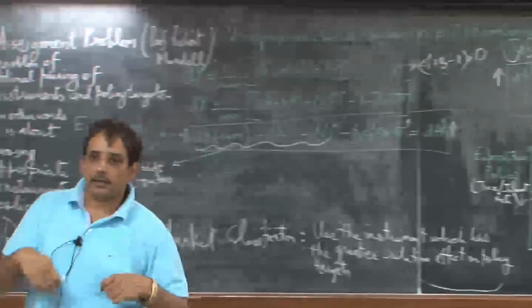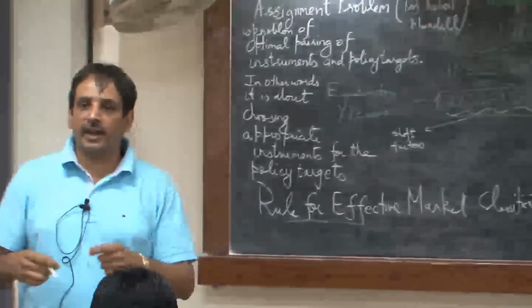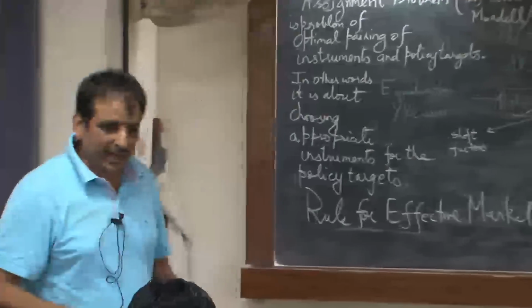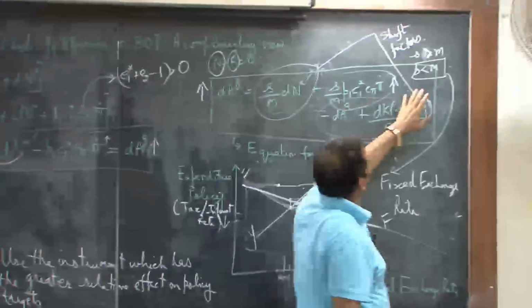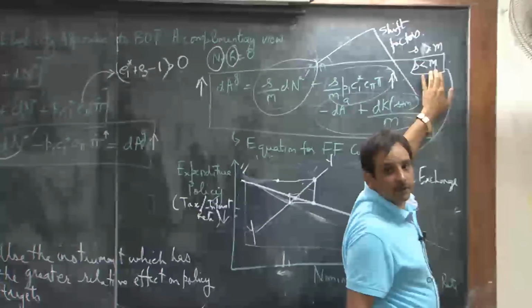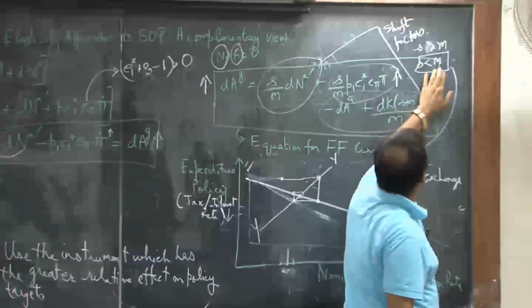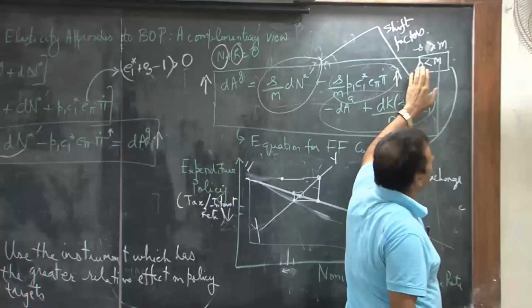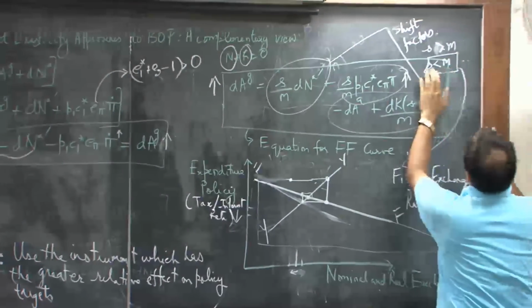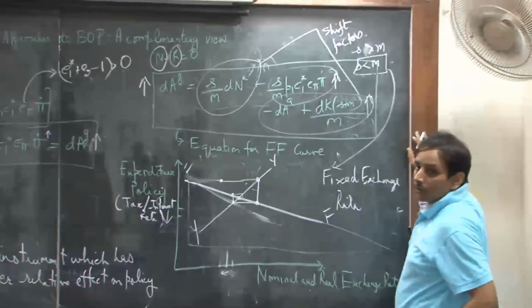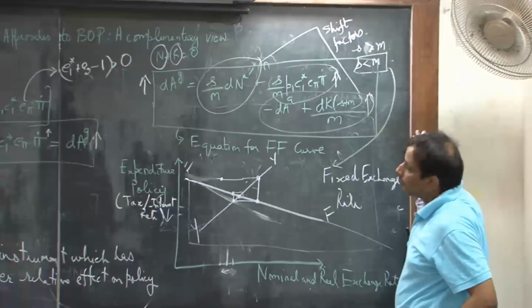So the role of the instruments gets reversed in case you find yourself in a situation where the marginal propensity to import is greater than the marginal propensity to save.